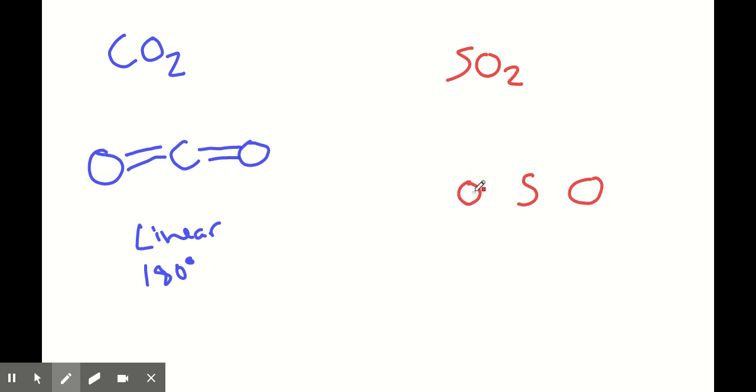So this oxygen needs to have a double bond here with sulfur to satisfy its octet rule, and so does this oxygen. But what we have left over is 2 electrons for sulfur. Okay, so we knew that sulfur had 6 to begin with. So you bonded these 2, you bonded these 2, and you have 2 left over.